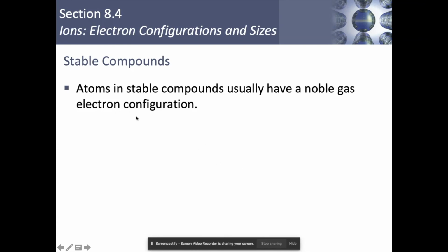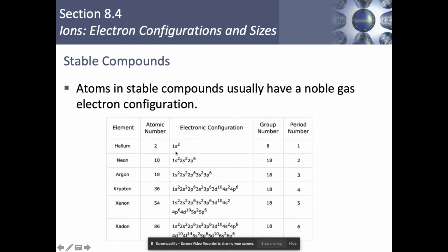So atoms, generally speaking, form compounds because when they form a compound, that allows them to have a noble gas electron configuration. So here are our electron configurations for the noble gases. Helium is boring, but neon, pretty interesting, argon, krypton, xenon, radon, etc. What you'll notice is that generally speaking, there is a pattern to them.